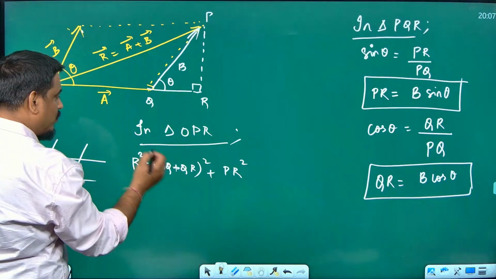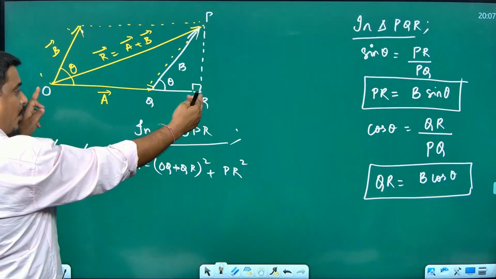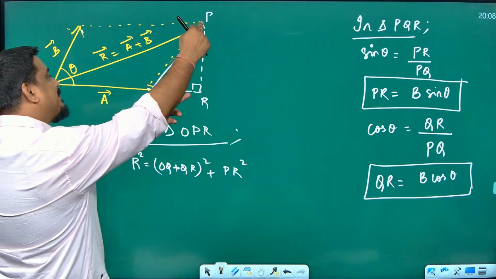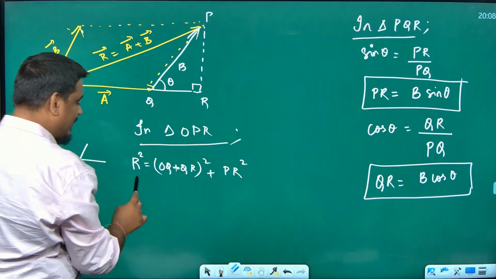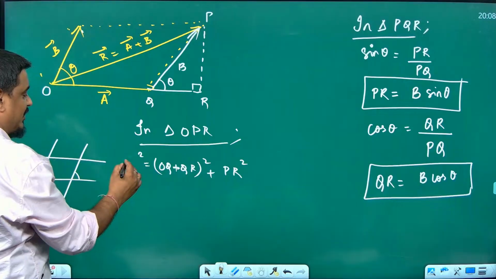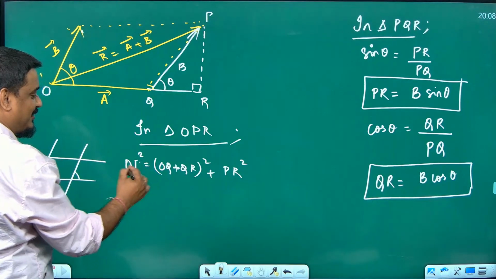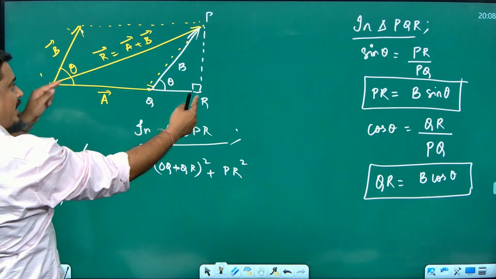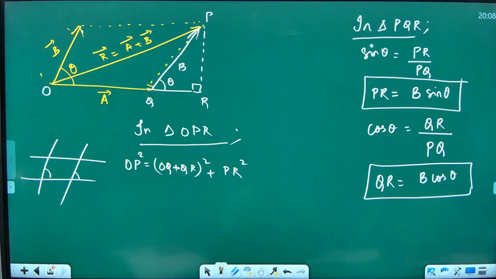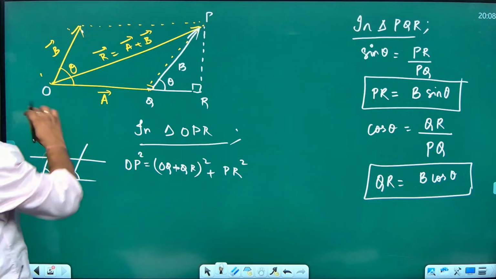So OQ plus QR will give you OR. So OR square plus PR square gives you OP square. Let me write OP here also, to make it easier. OP square is equal to OQ plus QR whole square plus PR square. More easy to understand. What is OP?